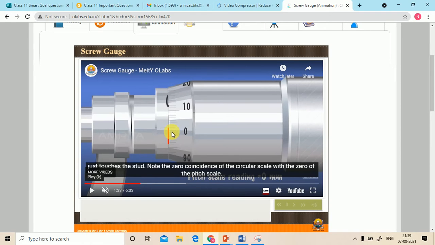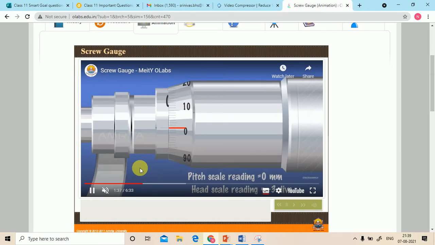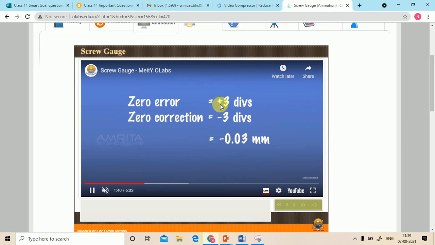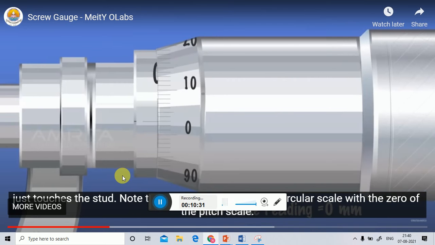As it is 3 lines below, the error is positive and the correction is negative. So we have to consider this correction while measuring the thickness of the given wire. You can see this measurement of error clearly in this zoomed video.